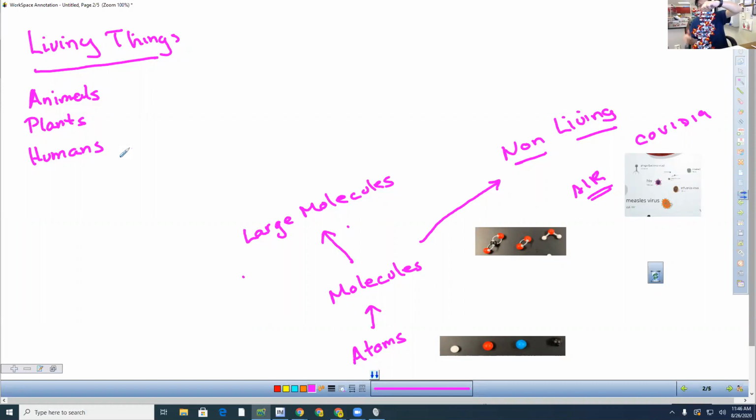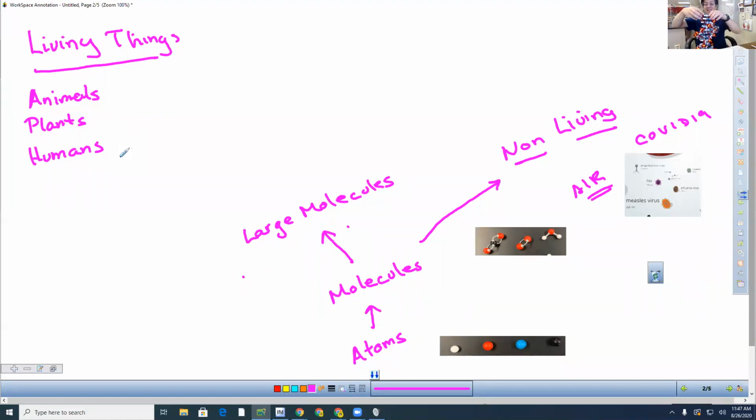This is DNA, and DNA, this guy right here, is a very large molecule. Now, if I take DNA apart, look, I have little pieces. These little pieces are small molecules. So when I tell you that small molecules come together to make larger molecules, this is what I'm referring to.